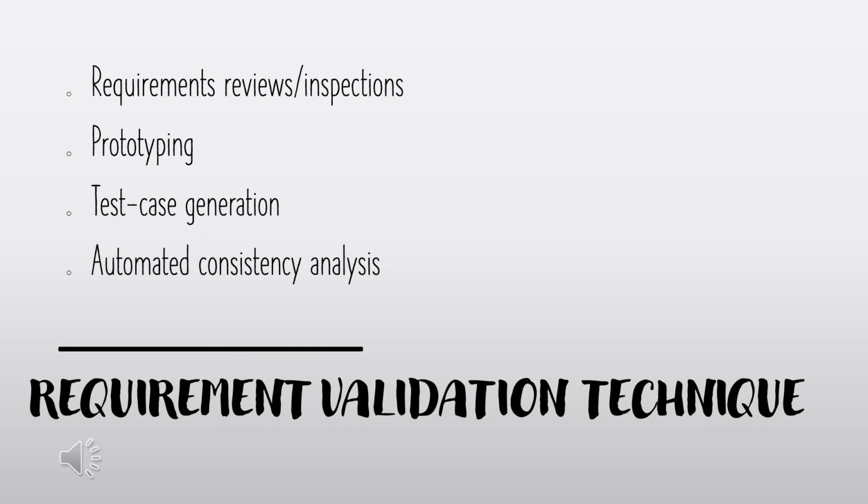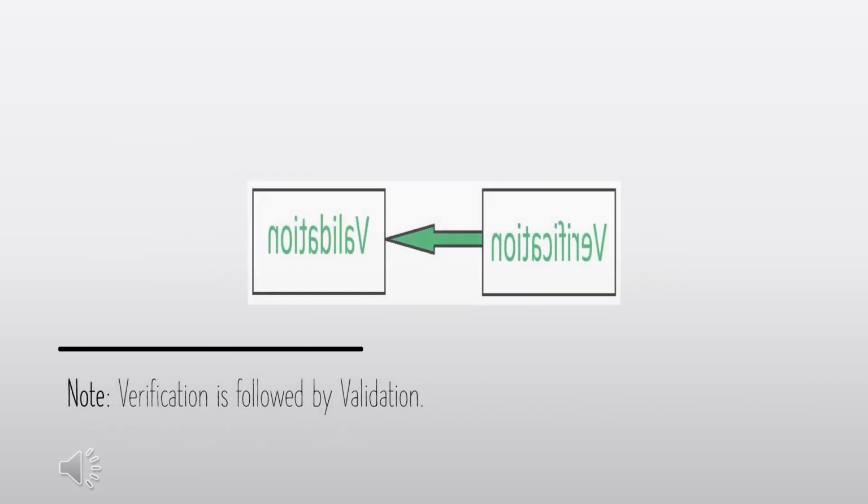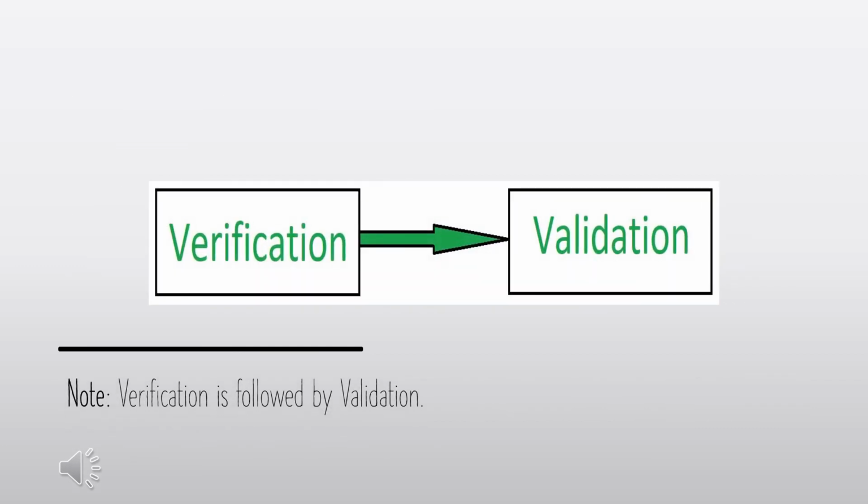Test case generation: this develops tests for requirements to check testability. Automated consistency analysis: this checks for the consistency of structured requirements descriptions. Note, verification is always followed by validation.